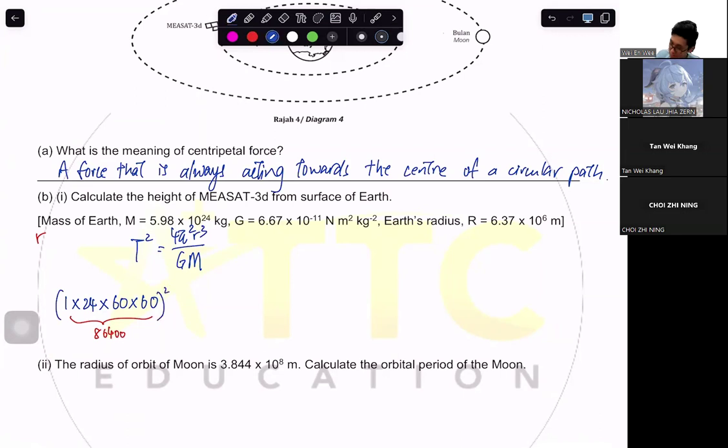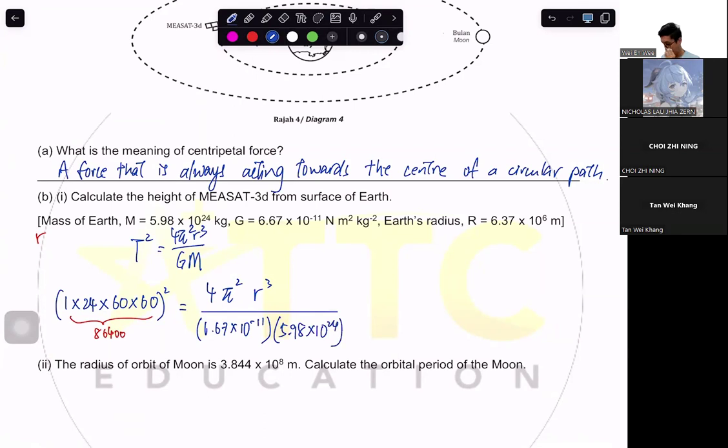Square this. You have 4 pi squared. You're trying to find r cubed. G is 6.67 times 10 to the power negative 11, always given. Mass of Earth is 5.98 times 10 to the power 24.